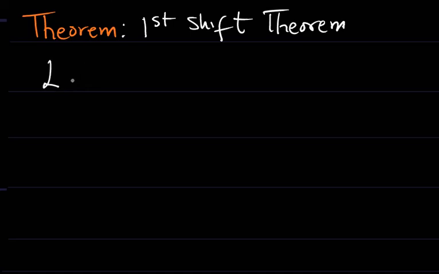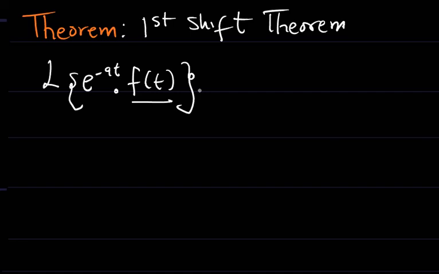If you multiply a function f of t by the exponent of at, so this is the product of a function f of t multiplied by exponent at, the result is going to be F of s plus a.